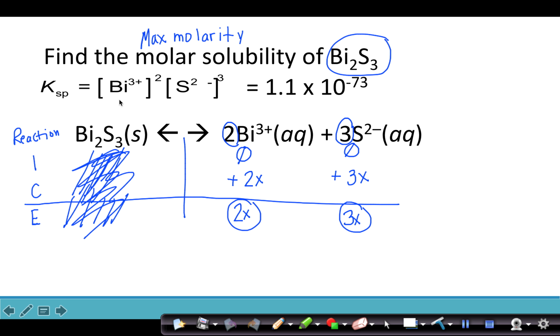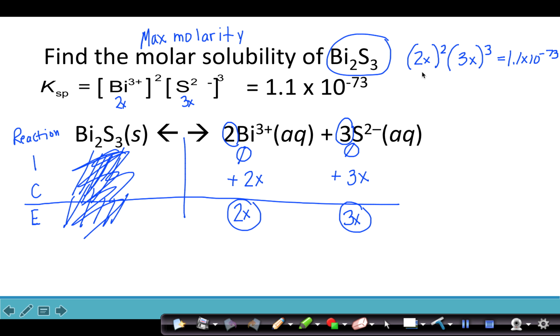So I'm going to put a 2x in here and a 3x in here and set it equal to 1.1 times 10 to the negative 73. So 2x whole quantity squared, 3x whole quantity cubed equals 1.1 times 10 to the negative 73.